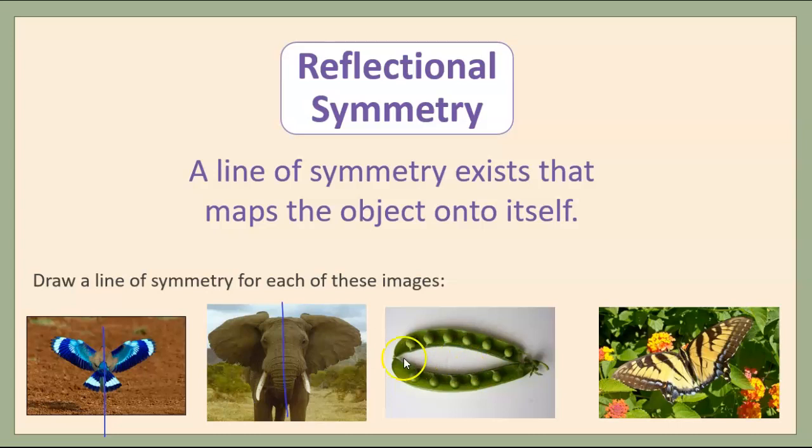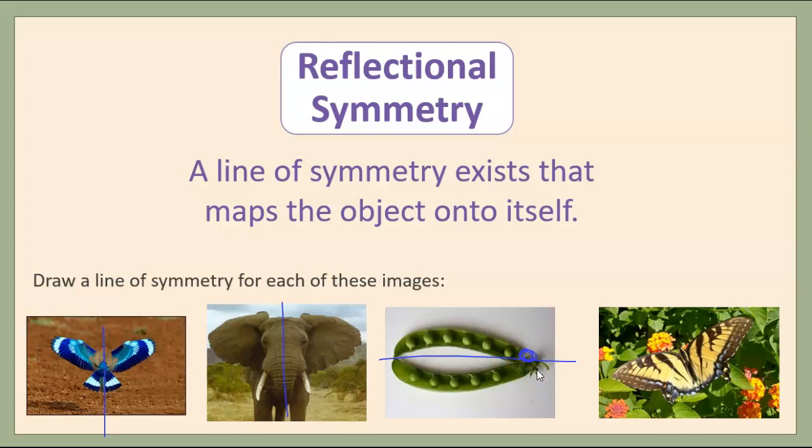We have a pea pod here, and on this one we could draw a horizontal line of reflection. If we reflected this up and this down, they would land on top of each other. Now this one's just approximate, right? They all are a little bit approximate. We have little deviations in nature, like this bit over here, but these are approximate symmetries.